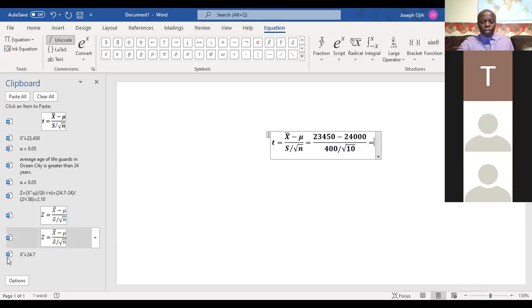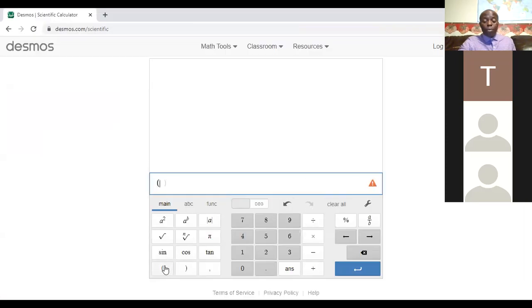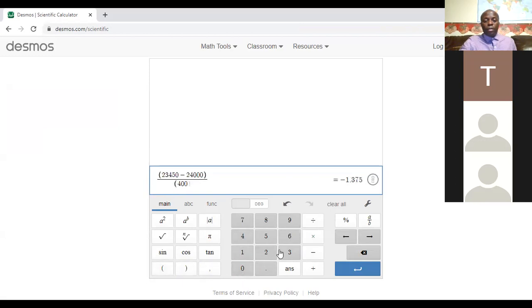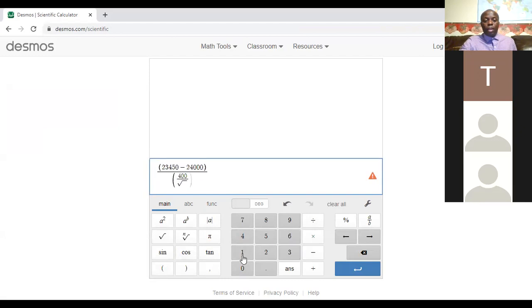Let's go to the calculator. Sample mean of 23,450, minus population mean of 24,000, divided by standard deviation of 400 over the square root of 10, gives us negative 4.3481. Rounding to the second decimal place, it's negative 4.35.